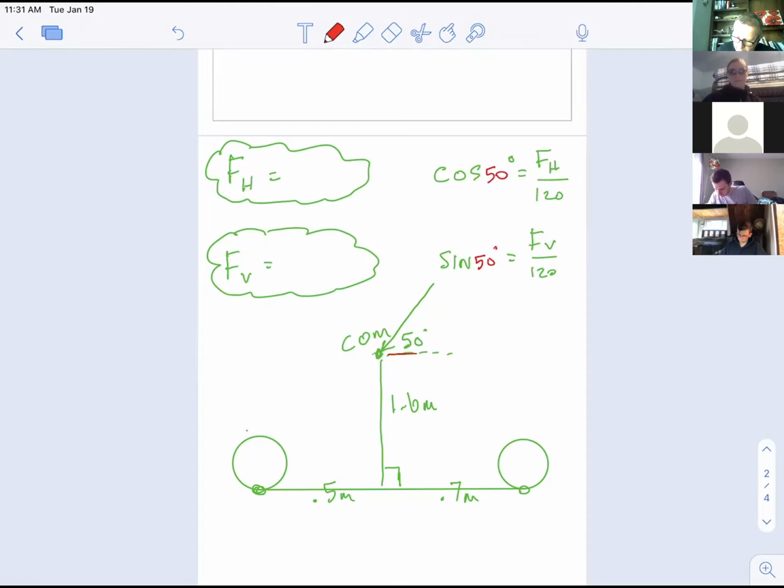And I will draw this in here. So that would be the force horizontal. This would be the force vertical. And those need to be drawn in the picture, and I'll show you why in just a second. So 120 times the cosine of 50 is 77.1.